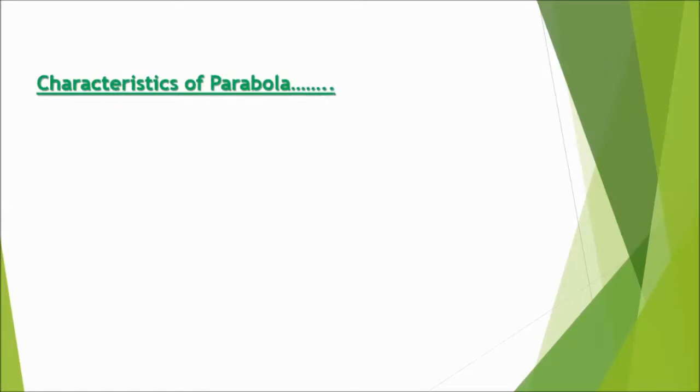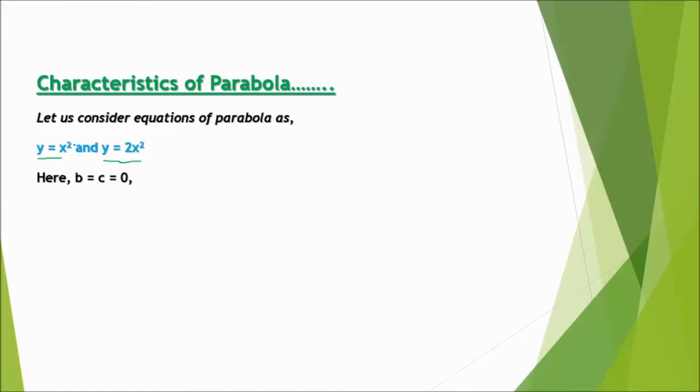Eighth characteristics. Same equation of parabola. See, there are two equations of parabola, y equal to x square and y is equal to 2x square, where b equal to c equal to 0, and the vertex of these parabolas will be the origin 0 comma 0, as we know b and c are both 0.